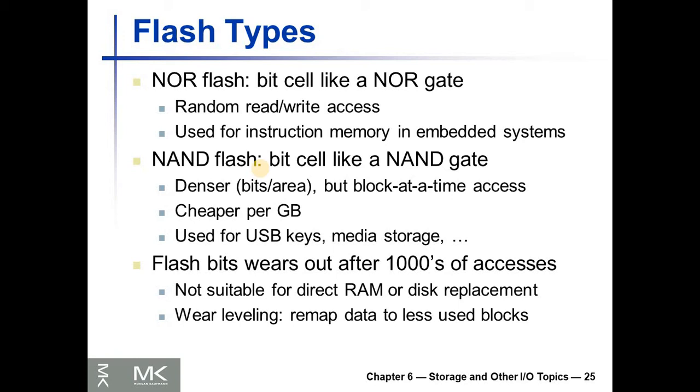You must access one block at a time. They are much cheaper than NOR flash, and as I said, they are used in many applications like USB keys, media storage, SSD storage, mobile devices, cameras, and so on.